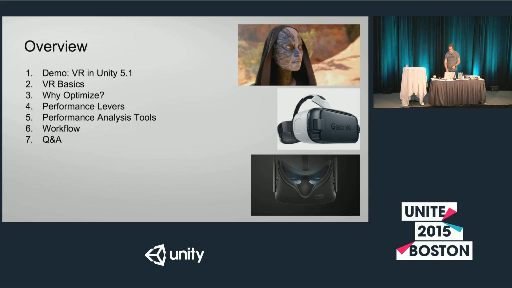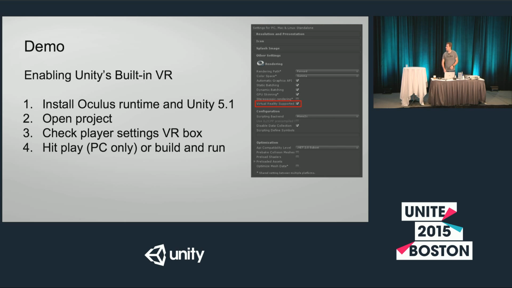So first of all, if you're new to VR and Unity, Pete Moss demoed it yesterday, and it was actually pretty simple. You just go into the build settings, or player settings, and click virtual reality supported. And by default, that'll use the Oculus VR device currently. But as other VR devices come in, there may be a way of selecting the default one here.